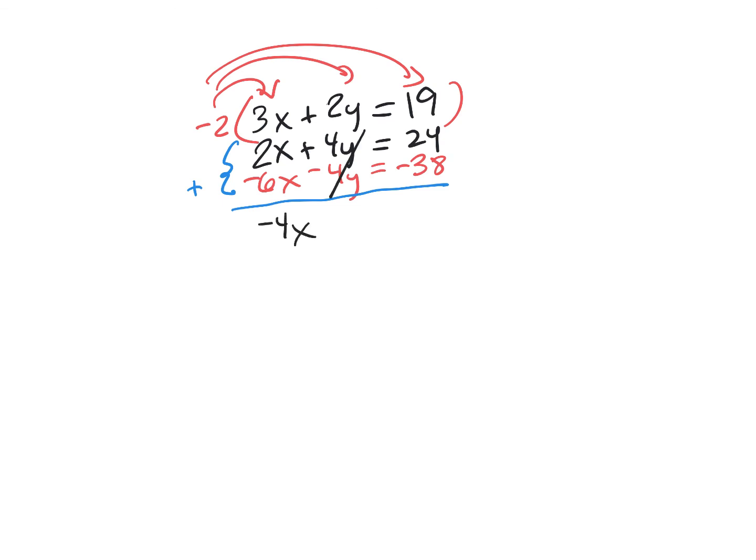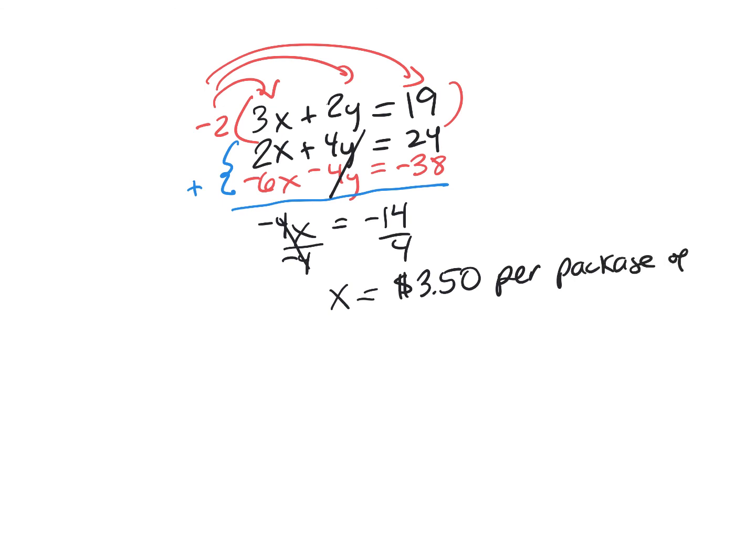These cancel out, equals -14, and then you would divide both sides by -4, and you get x equals 14 divided by 4, and you get 3.50. So that's your cost per package of cupcakes.